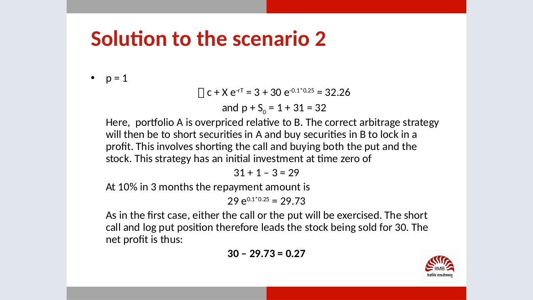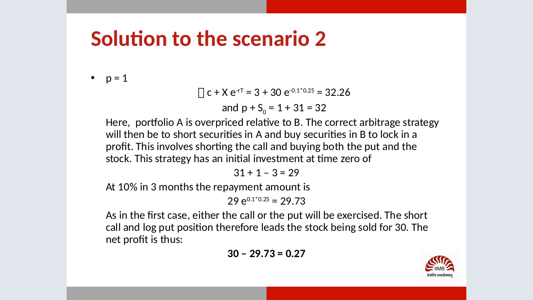Now, irrespective of what happens to my strategy, this $29 has to be repaid after 3 months at 10% interest. So that works out to be 29.73. So at the end of 3 months, my repayment liability is 29.73, irrespective of what happens.